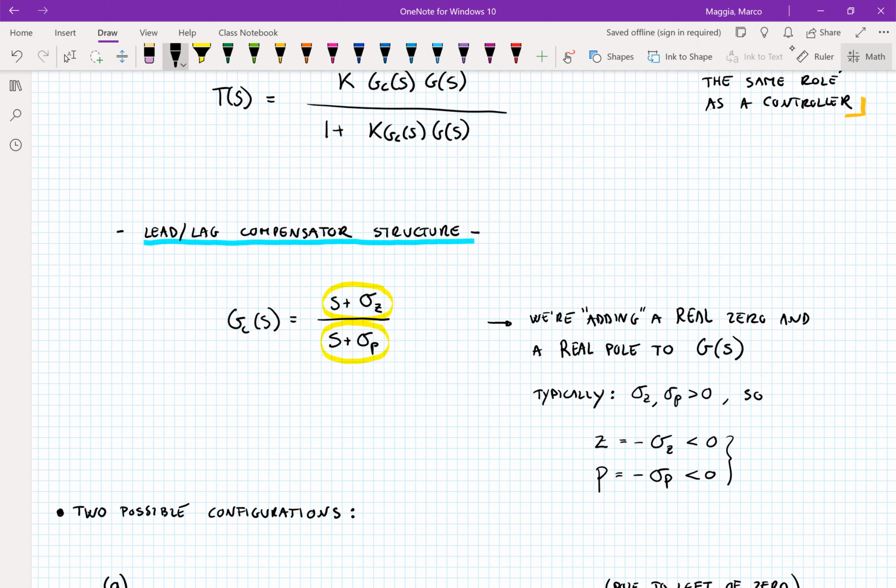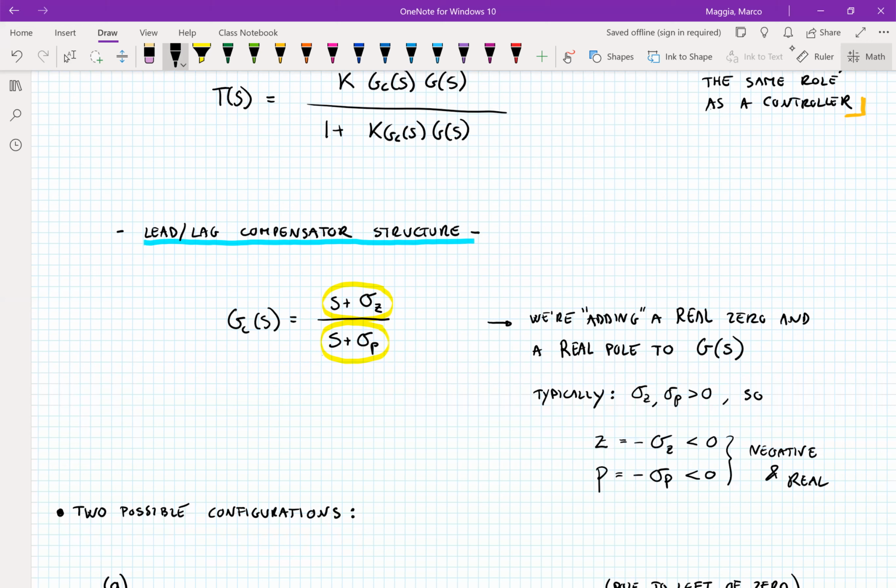So the pole and the zero that we are introducing using a lead or a lag compensator are negative and real. All right. So sometimes you'll hear me say just lead or lag compensator. I will drop the word phase. But technically speaking, we're talking about phase lead or phase lag compensator.